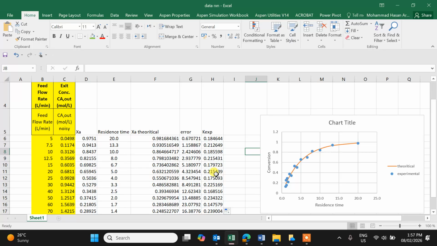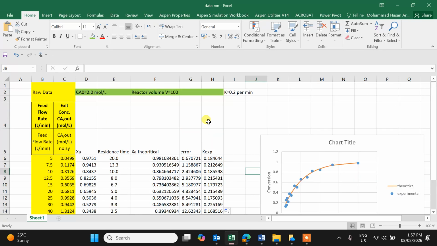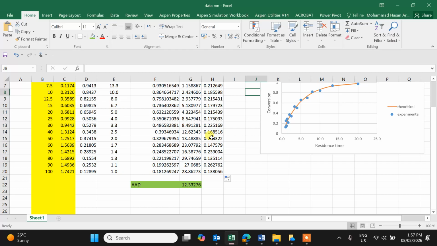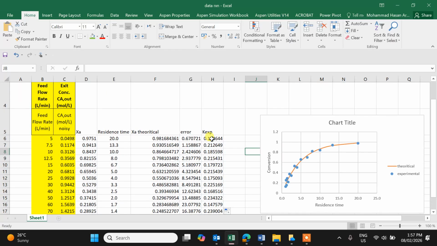Feed flow rate should not affect the conversion, should not affect the rate constant, because the rate constant of a reaction is a property of the reaction. It depends only on temperature. K depends on temperature. So whatever deviation you see here, it is mainly just scattering. This is just deviation because of experiment.